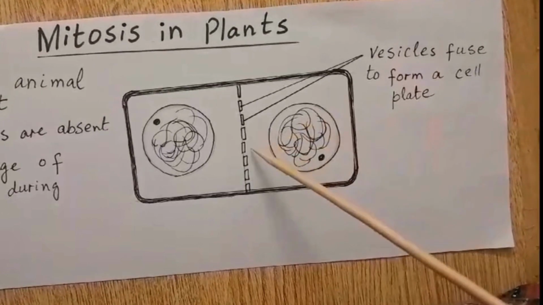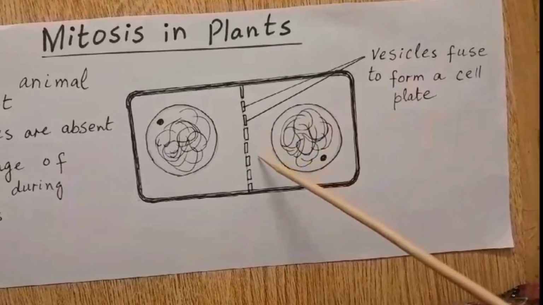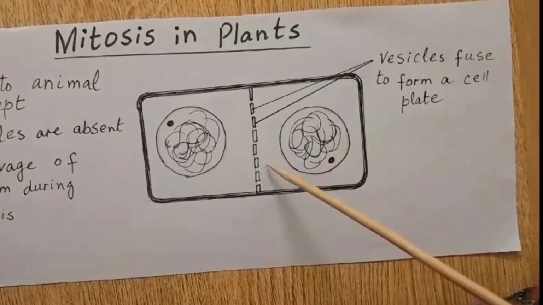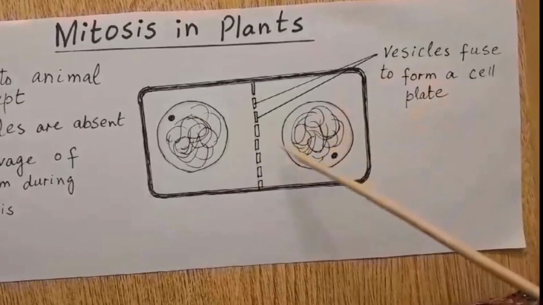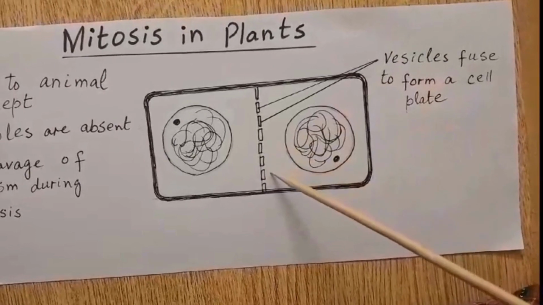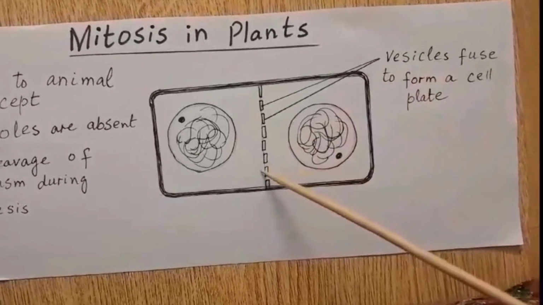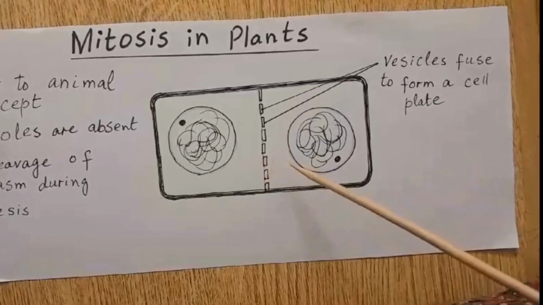These vesicles are actually the fluid-filled spaces formed by the Golgi apparatus. The cell plate made by the vesicles eventually makes the cell wall between the two plant cells.